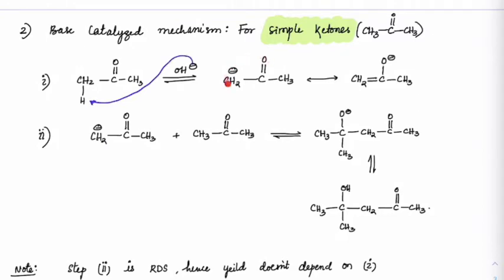You can see this enolate ion is resonance stabilized. In the second step, the enolate ion will attack as a nucleophile here and form this O minus, which on hydrolysis becomes the aldol. Now in the second step, we have bulky groups around the carbonyl position. So the attack is relatively very slow, although this is the RDS.